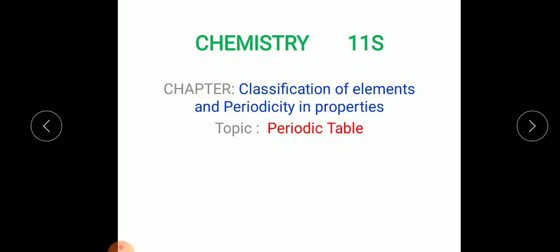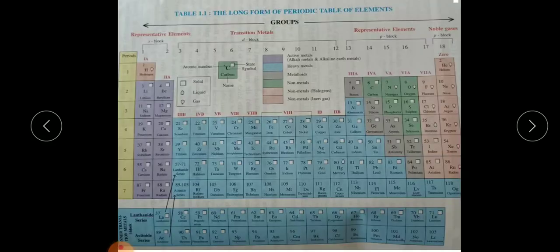Now, today you are going to study about that periodic table. So this diagram I have given you for drawing.